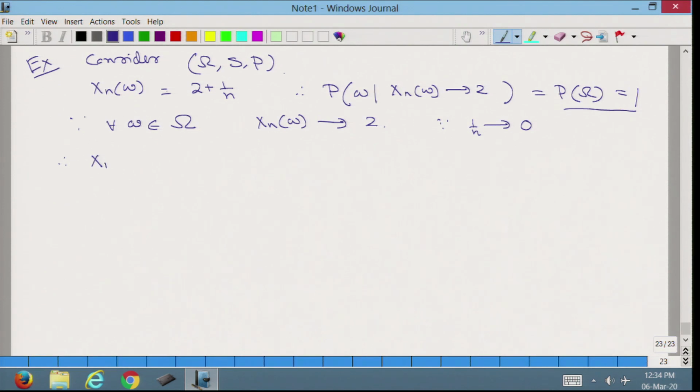Therefore, X_n almost surely converges to the constant 2.